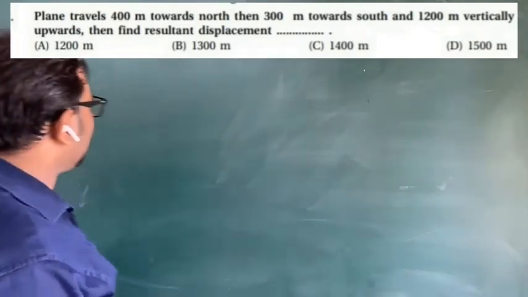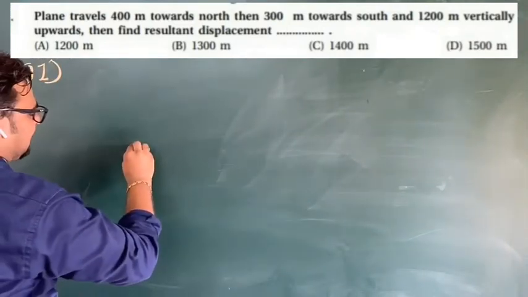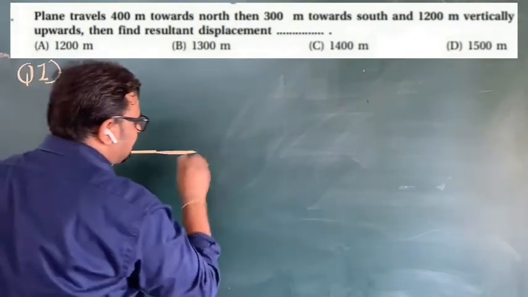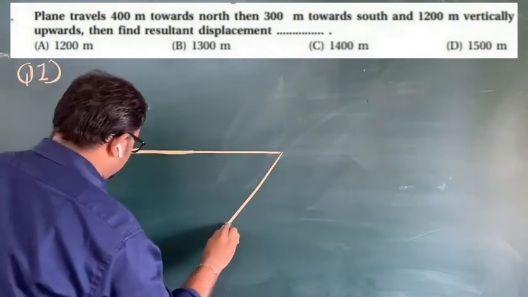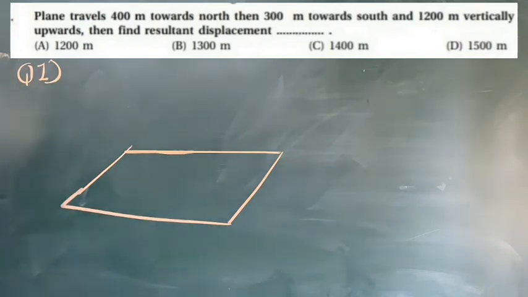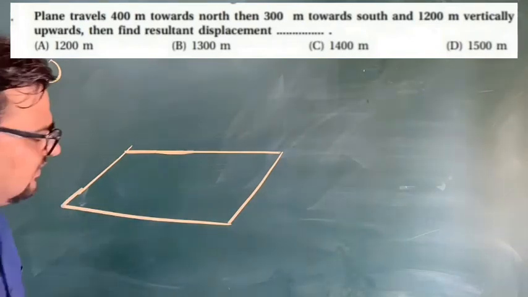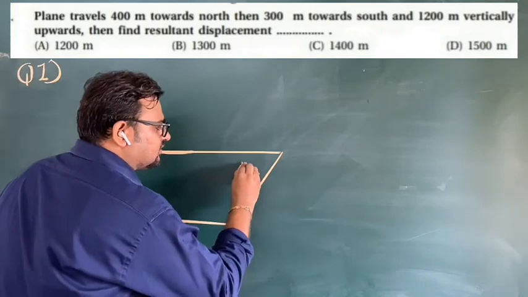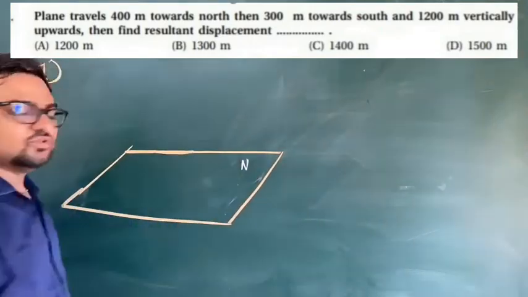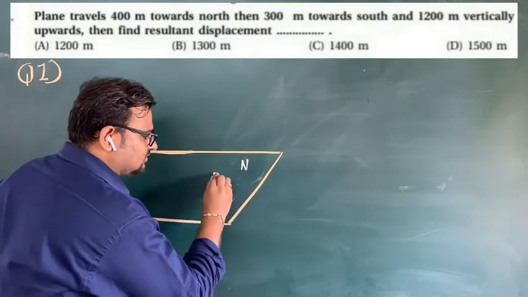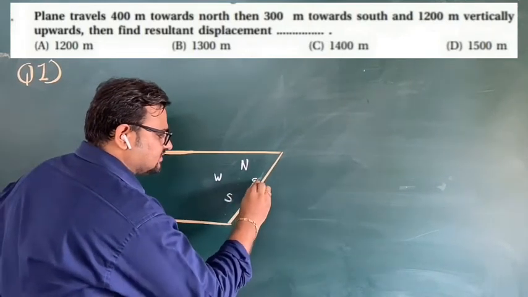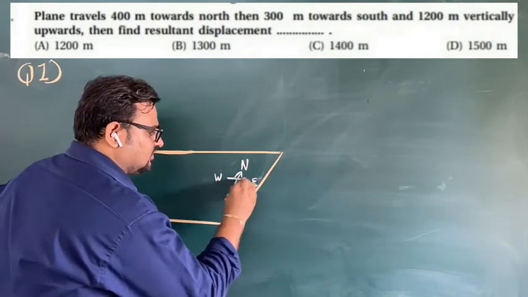So if I draw a horizontal plane, let's take north, south, west, east.